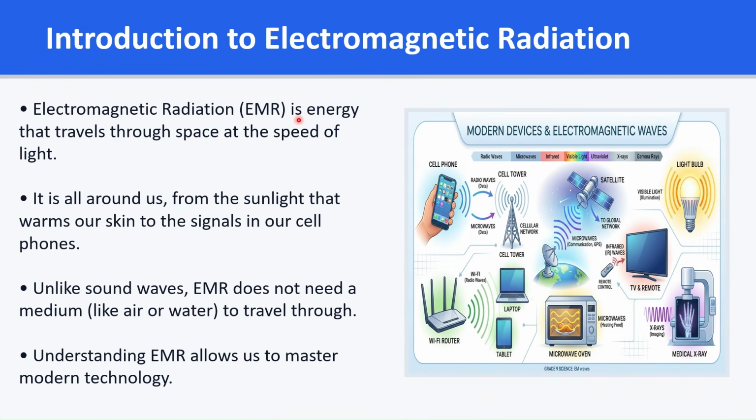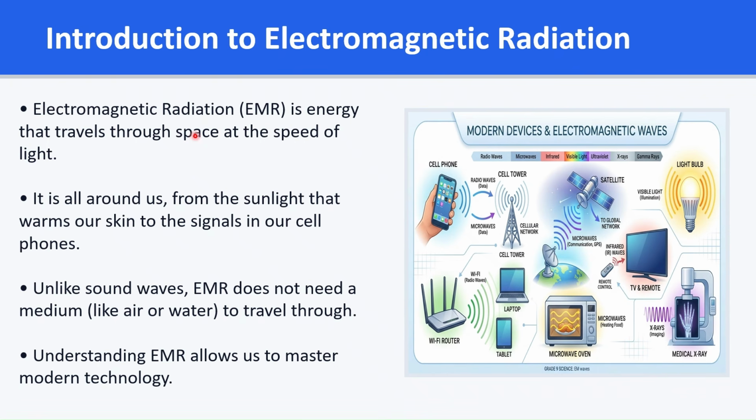So let's first define what is electromagnetic radiation or EMR. It is an energy that travels through space at the speed of light. So paspas kayo no. Energy siya na nag-travel through space. So kaya niya mulusot-lusot bisan asa and paspas kayo.